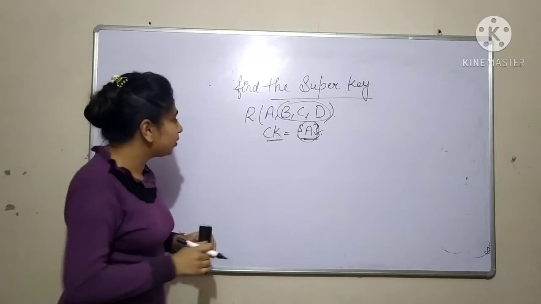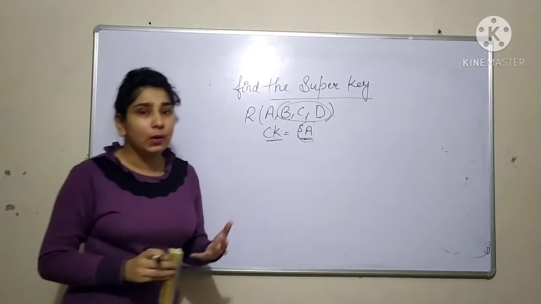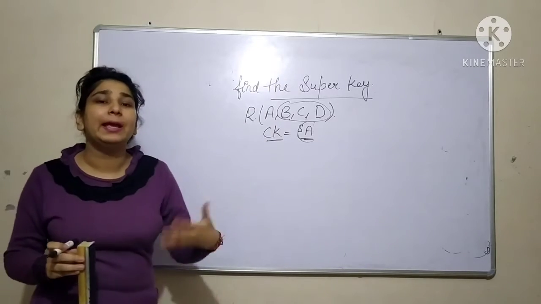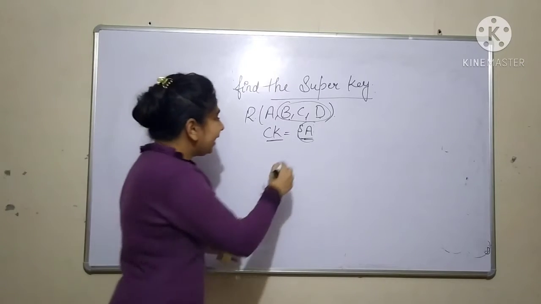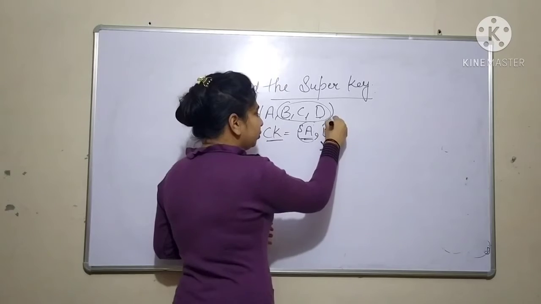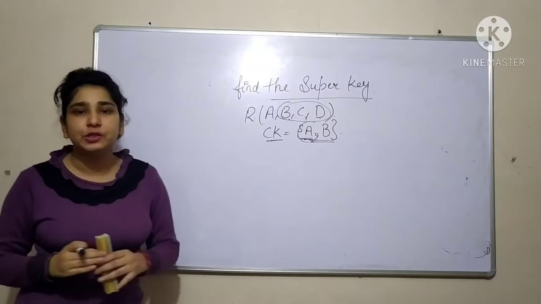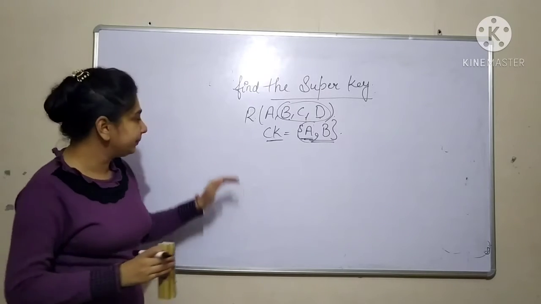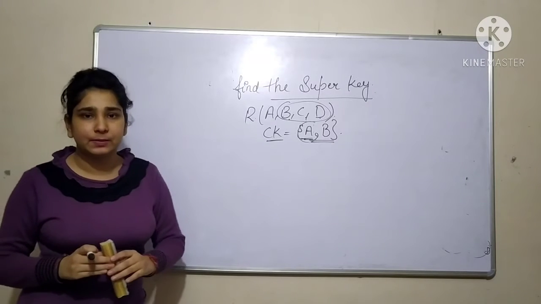So now let's discuss one more case. Let's suppose we have two candidate keys. I already told you that there is also a chance that we will have many minimal keys. Let's suppose we have two candidate keys present in our relation, and we have to find the total number of super keys.